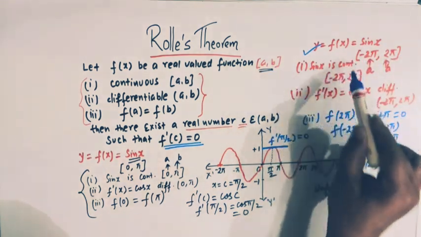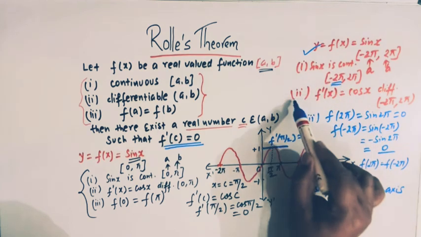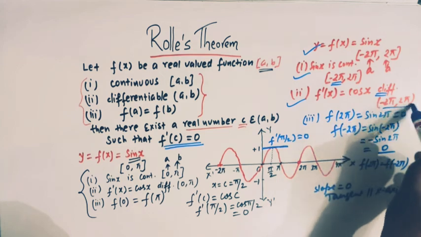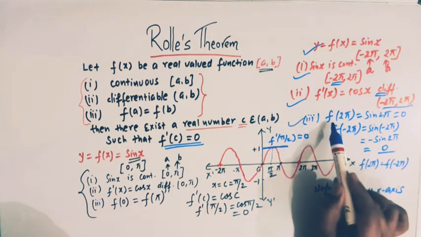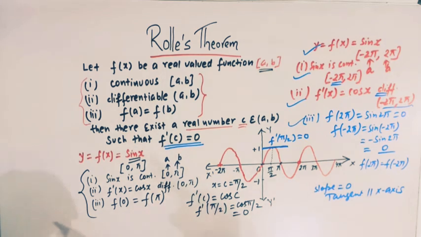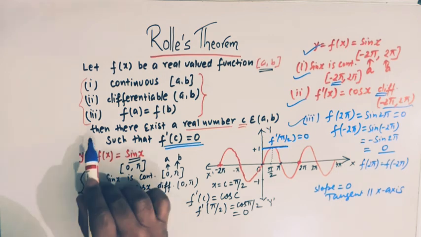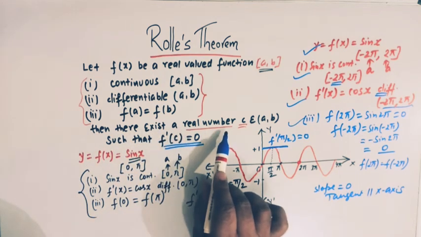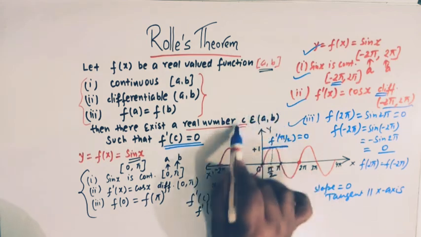So sin x is continuous in this interval, sin x is differentiable in this interval, and f of a is equal to f of b. It means at the endpoints of the interval the value of the function is same, that is here in this case it is 0. So Rolle's theorem says that there must exist a real number c belonging to this interval.